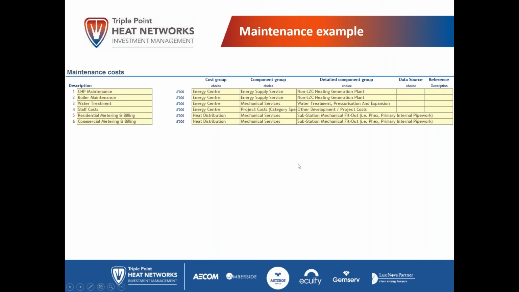We'd be worried if there weren't any ongoing costs for maintaining the equipment as part of this. Important to note that fuel cost isn't part of this because that's clearly part of the main cash flow and comes into the aspects of the model which Simon was showing you earlier, but this is distinct from that.